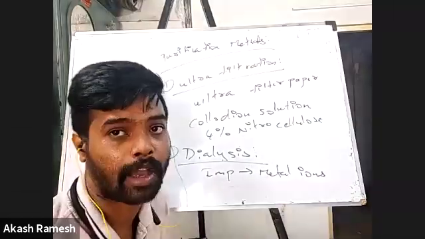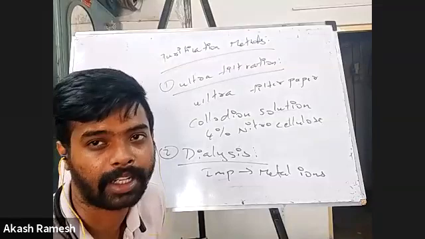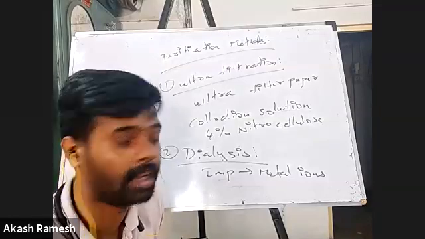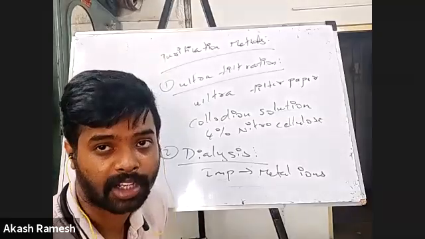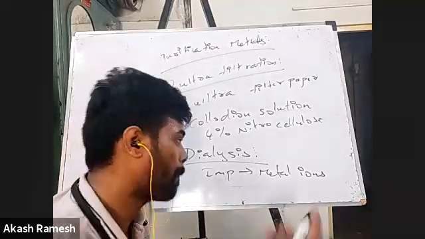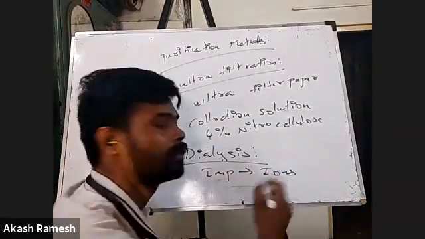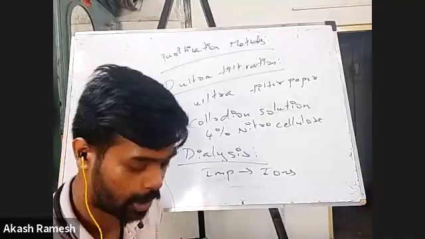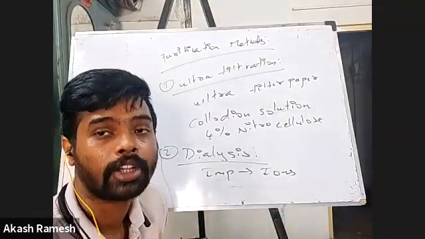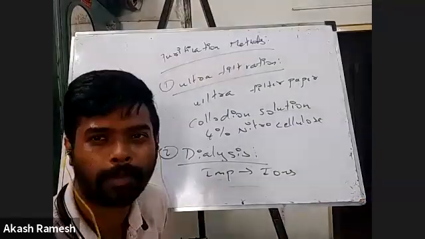Say if I have gold sol, why should I have Na plus and Cl minus there? The impurities can be anions also, so the impurities present are basically going to be ions.